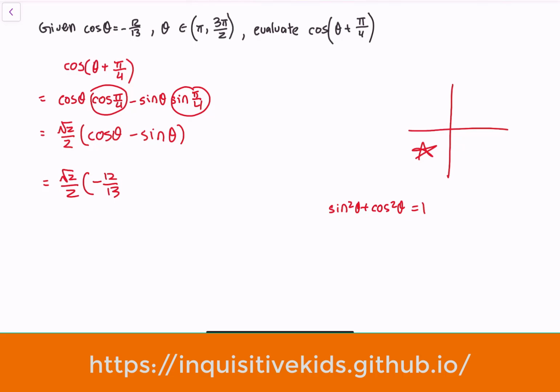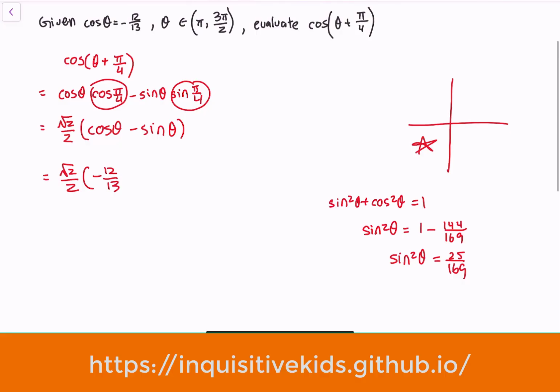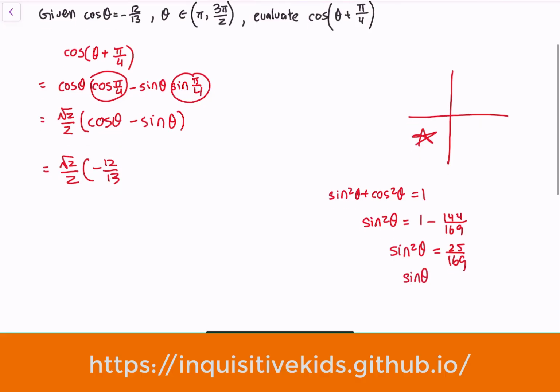So, sine squared in this case, for us, will be equal to 1 minus cosine theta squared, which is 144 over 169. Now, when we do that, we get sine squared of theta is equal to 25 over 169. So, sine theta must have an absolute value of 5 over 13.